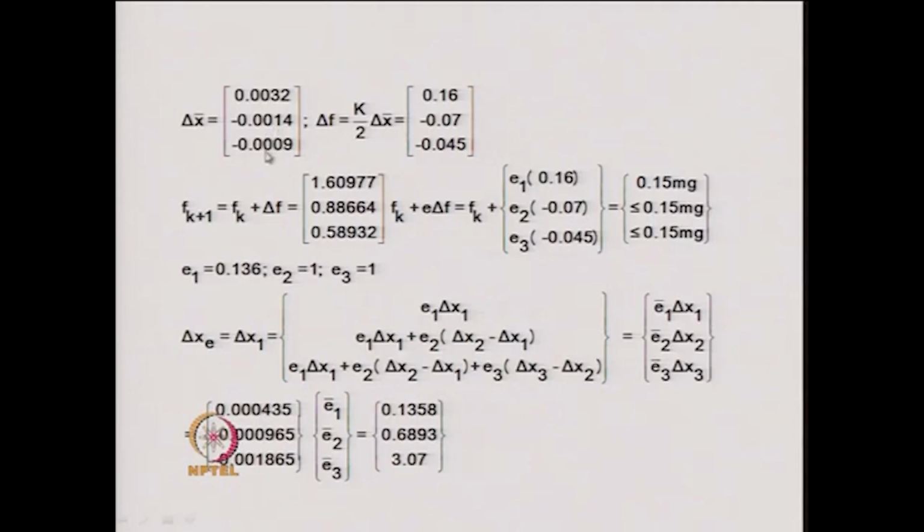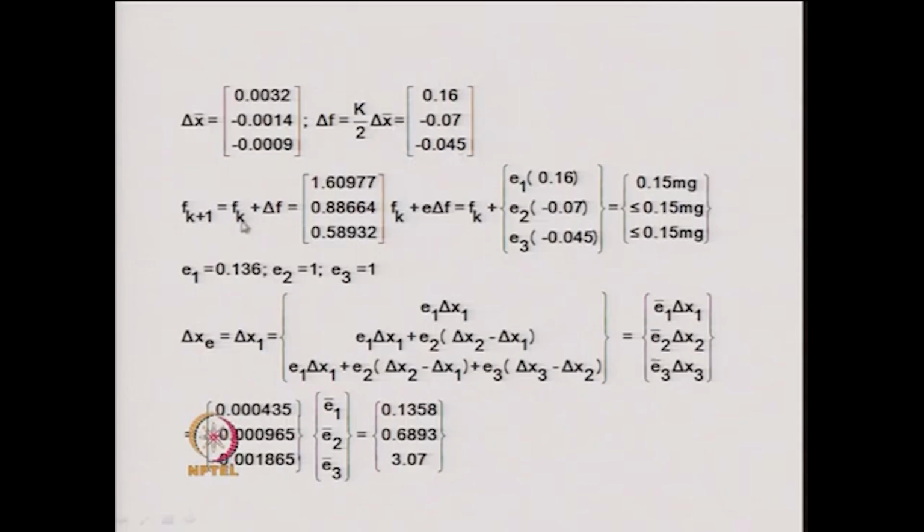Similarly, the drift for the top floor will be the top displacement minus the displacement at the second floor. So, that gives us the drift, and the drift multiplied by the k by 2, that is the stiffness of the column, that gives the incremental force in each one of the columns.